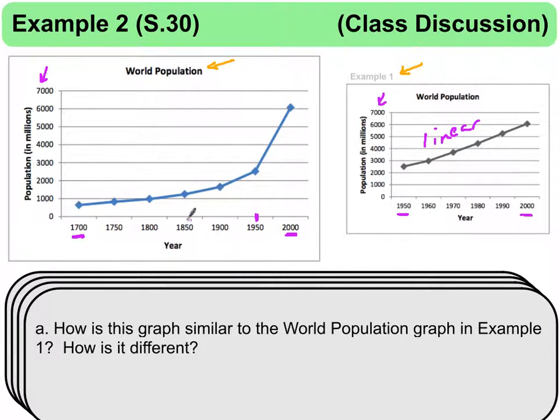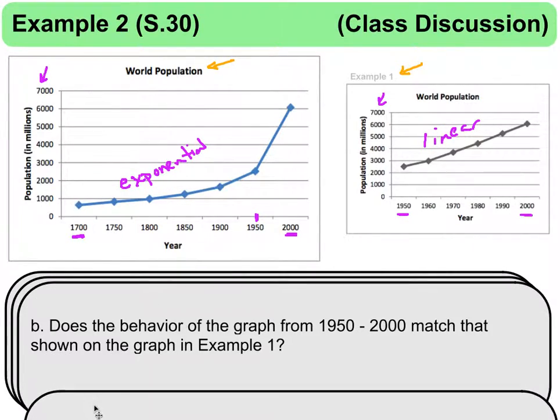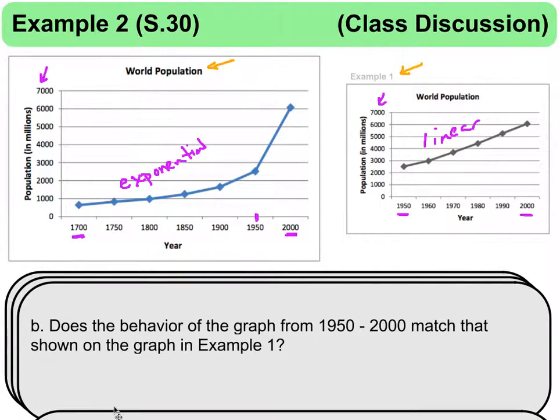If we went all the way back in time to 1700 and look at it, we start to see more of an exponential curve start to develop over a larger amount of time. And so those are some of the similarities and differences that the teacher would be looking for the students to develop. In part B, does the behavior from the graph of 1950 to 2000 match that of what's shown in graph 1?